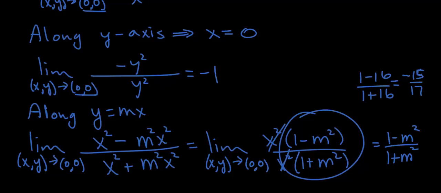So that's one limit, whereas if I chose m to be 3, I would get 1 minus 9 over 1 plus 9. And that would be negative 8 over 10. So I get a different limit. This just shows that however we choose the line, whatever slope we choose, we're going to get a different limit.